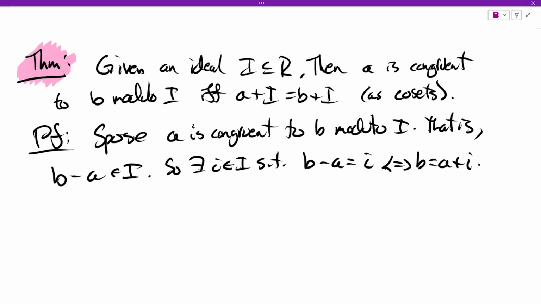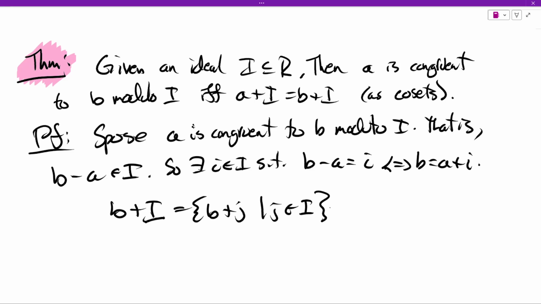All right, we want to show the cosets A plus I and B plus I are the same thing. So B plus I is the collection of all B plus j's. I already have a little i, so I'm going to use a j, where j is in I. But we know that B is related to A via the equation A plus i.